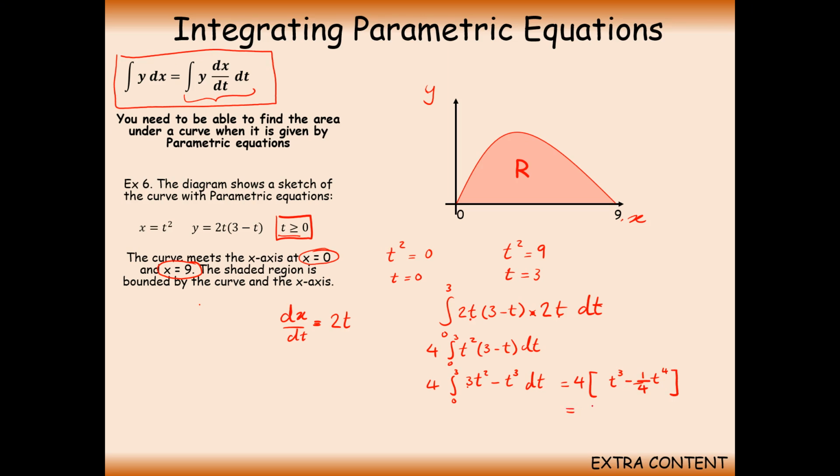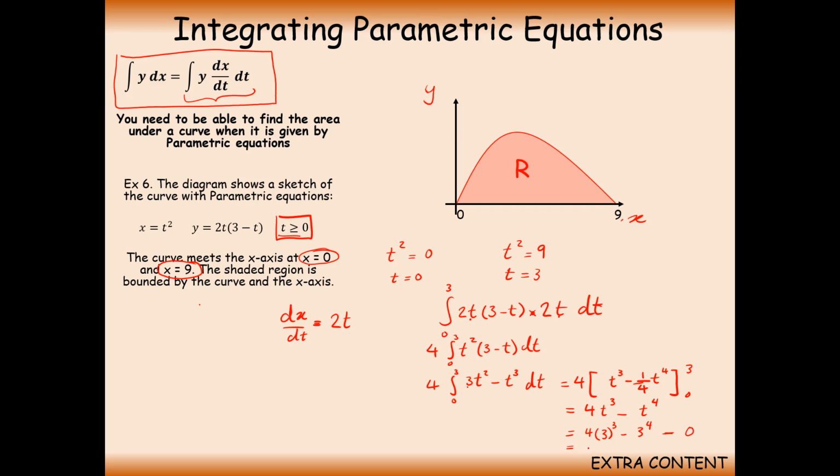Multiplying the quarter into the integral, 4t cubed minus t to the power of 4. Now we said we are going to substitute 0 and 3 for values of t. Therefore, we will have 4 multiplied by 3 cubed, take away 3 to the power of 4, and subtracting 0 doesn't change anything.